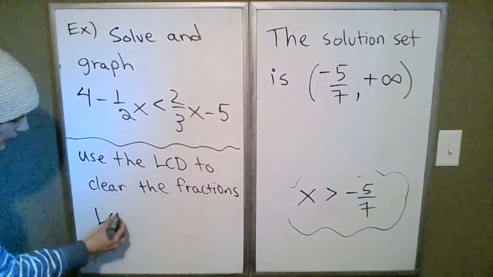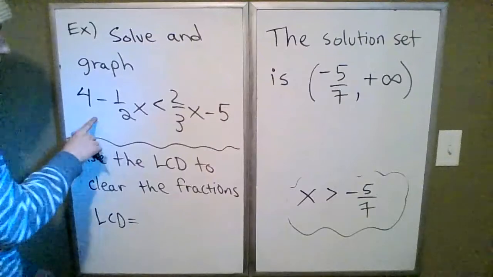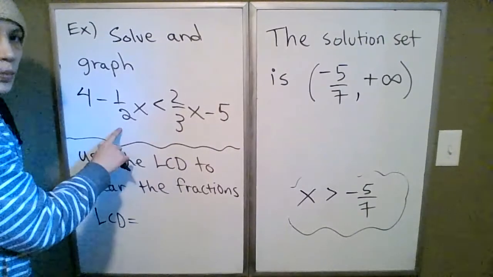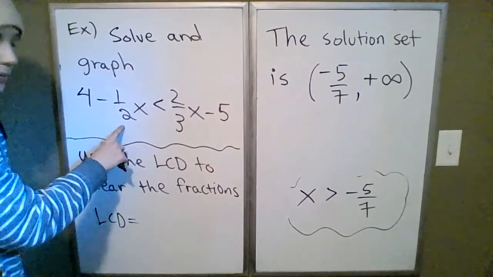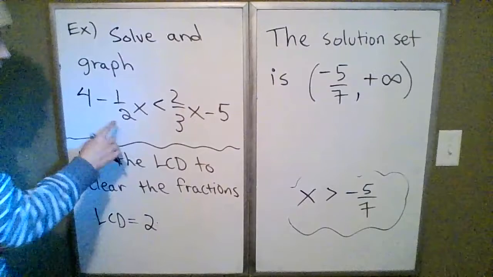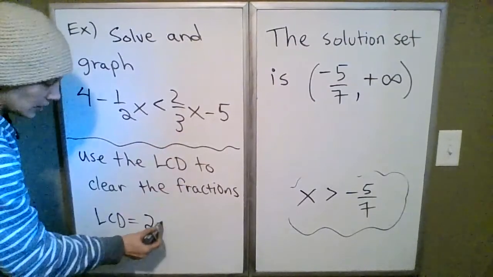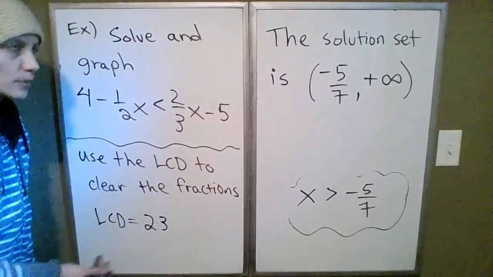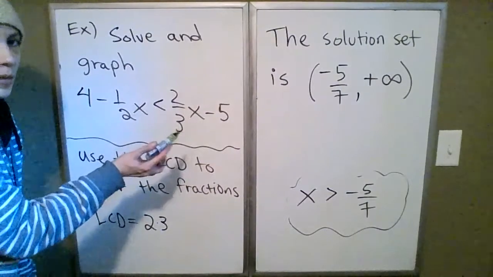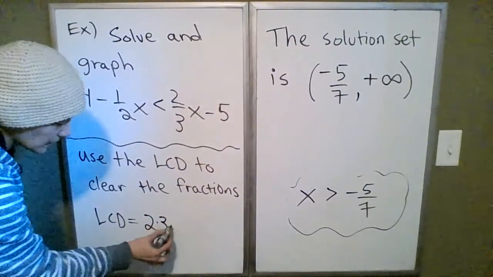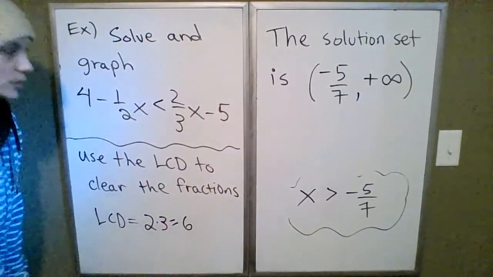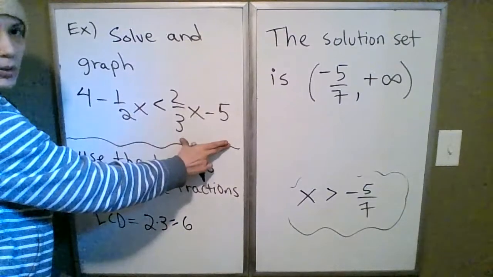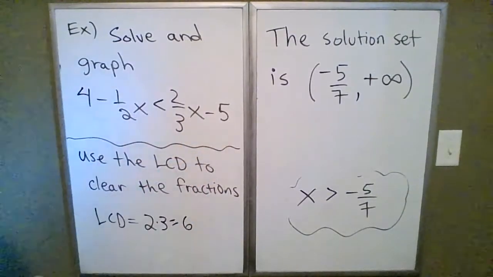Here our LCD is made up from our denominators. One of the factors in the denominator is 2. There's another factor of 3. Take the most you have of any factor, which is one of each of them, multiply together, and you got 6. So I'm going to multiply both sides of the inequality by 6.